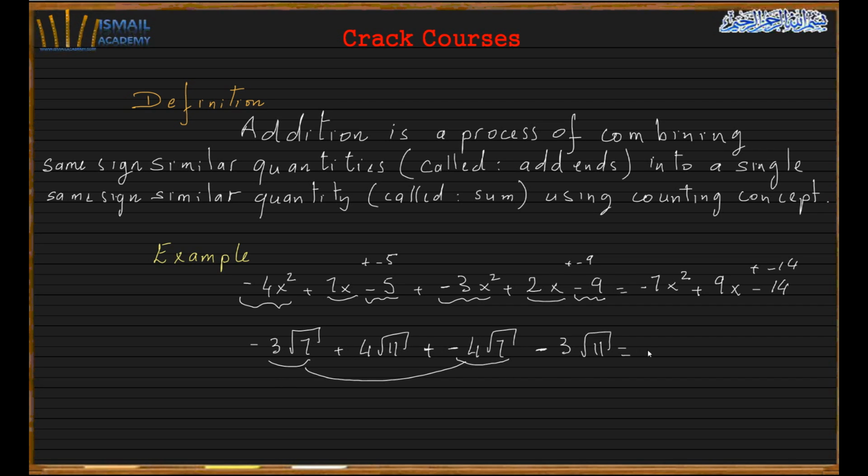In that case I will have minus 7, 7. Those two, you see, the type of quantity is the same, but the signs are not the same. That means they're not similar. So I'm going to leave it like this for now. It's going to stay the same till we talk about subtraction. Then we will learn how to deal with that type of operation.